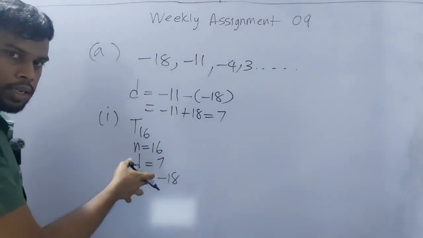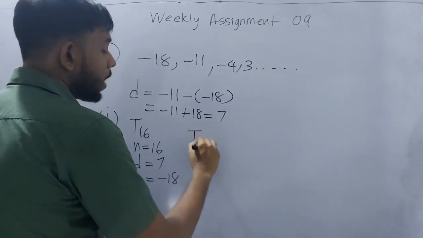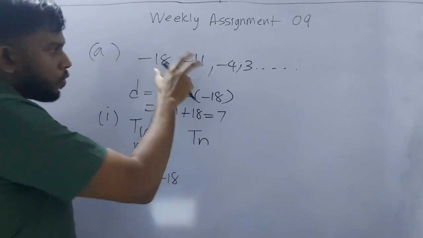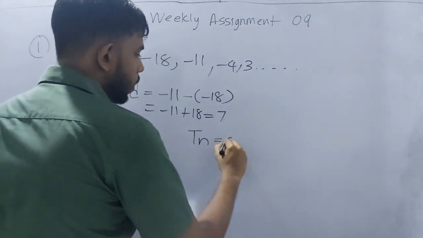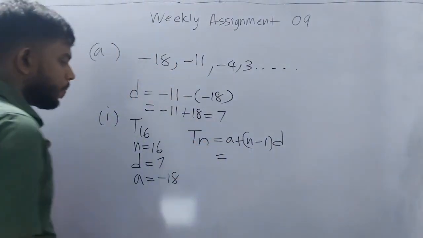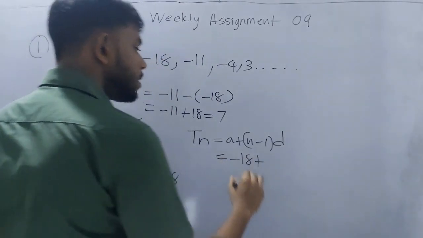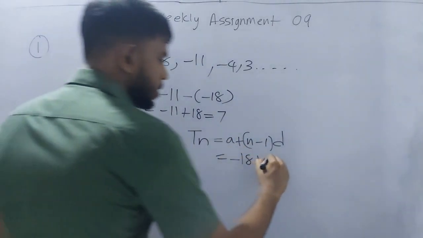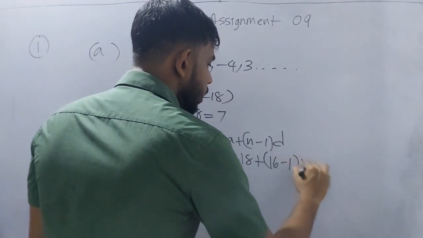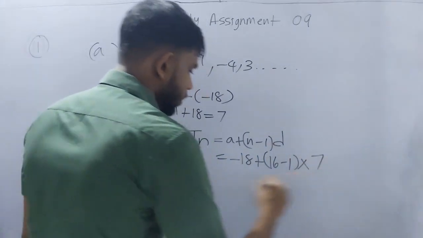Now what is the relationship between these quantities? That is given by the nth term formula for the arithmetic progression, that is a plus n minus 1 into d. So what is a? The first term we found, that is minus 18, plus n minus 1. n is 16, so 16 minus 1 into the common difference, which is 7.